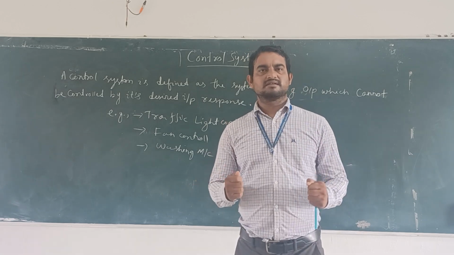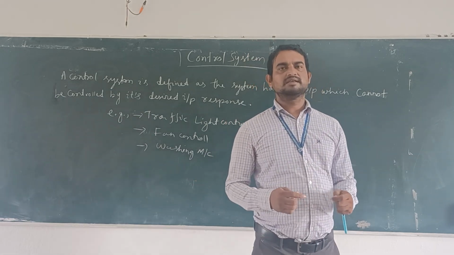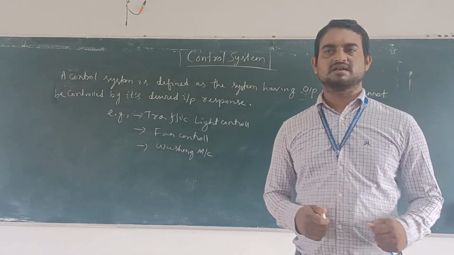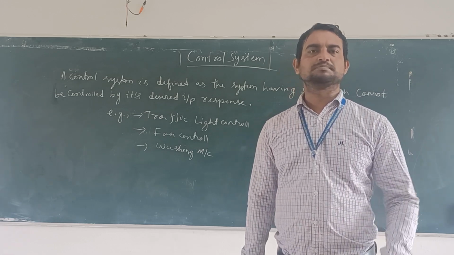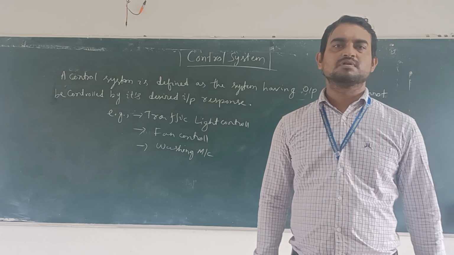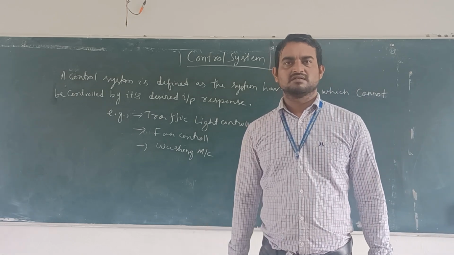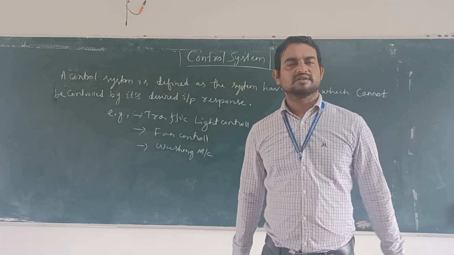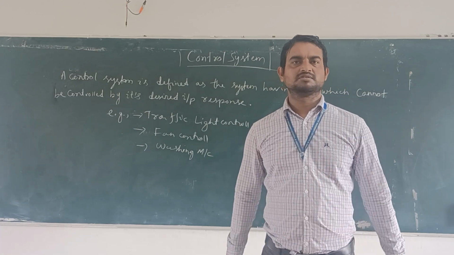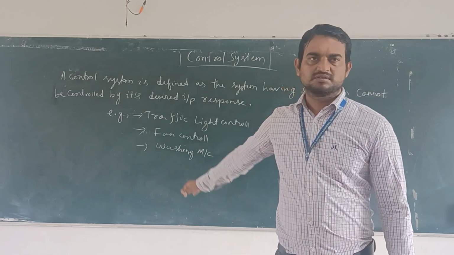I am driving the car. If I want to control the direction of the car, then I have to use my steering. If I want to control the speed of the car, then I have to adjust the accelerator. If I want to stop the car, then I have to control the brake. Like that, the entire system constitutes a control system.